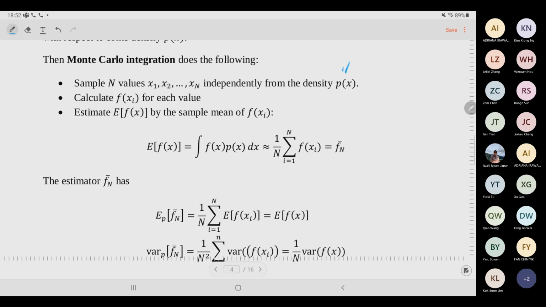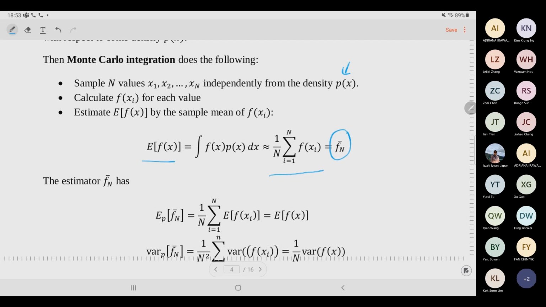The idea is you sample from the density and calculate the function f(x). You sample, for example, n values, calculate f(x) for each value, and then take the average over the number of samples n. The sample average will be an approximation for the expected value of the function.